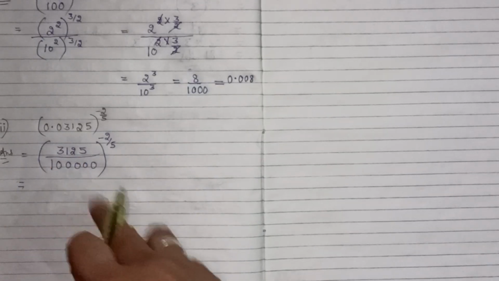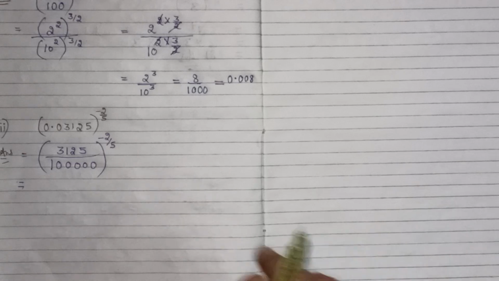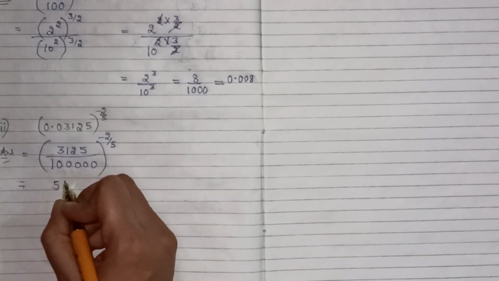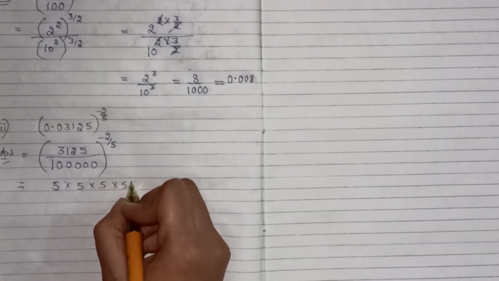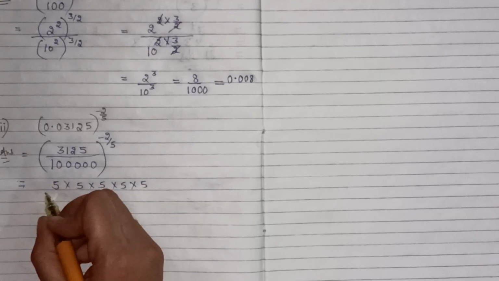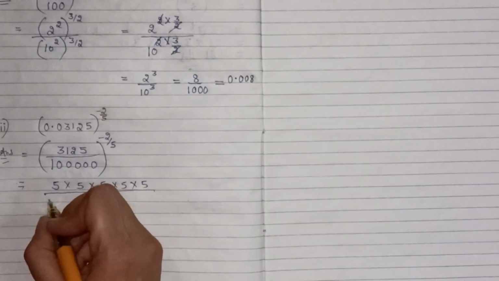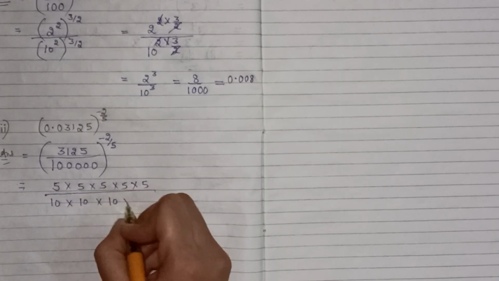Now we can solve this by the prime factorization method. I write 3125 as 5 multiplied by itself 5 times, 1, 2, 3, 4, 5, and we get this number. Doing the same for the denominator, 10 multiplied 5 times gives this number.